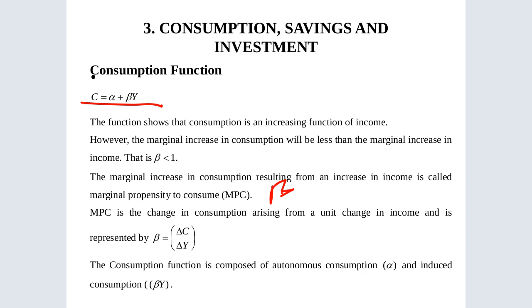Now, if we look at the consumption function again, it's made up of two parts. We have alpha, and there is the consumption part, which is represented by beta y.